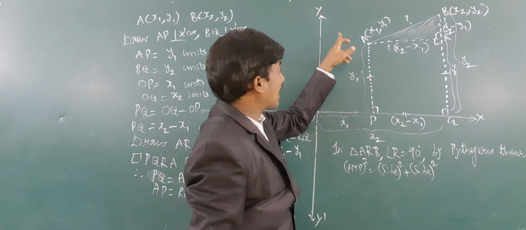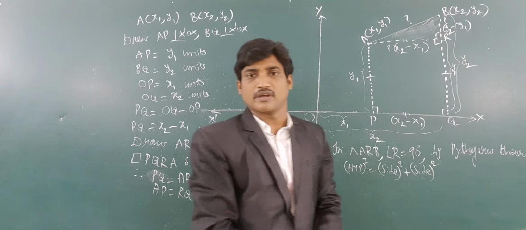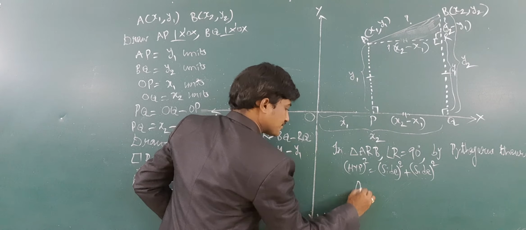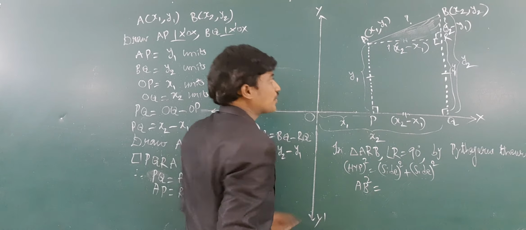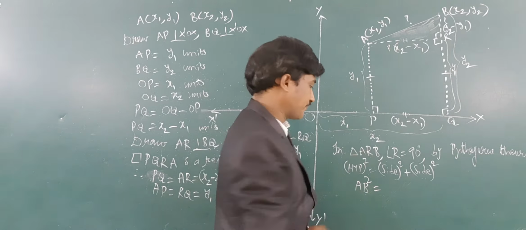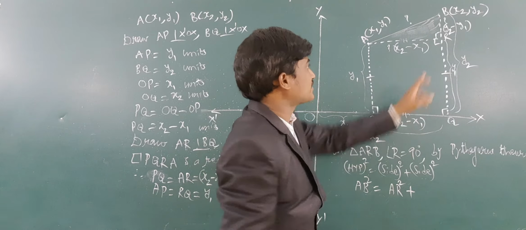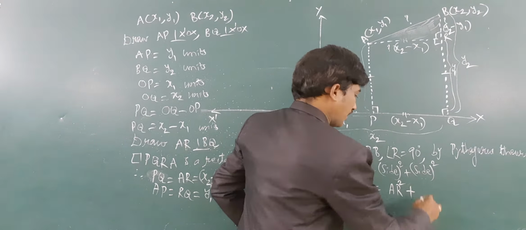Here in triangle ARB, the hypotenuse is AB, so AB square is equal to one side AR square plus another side RB square.